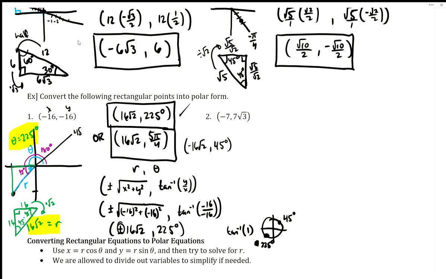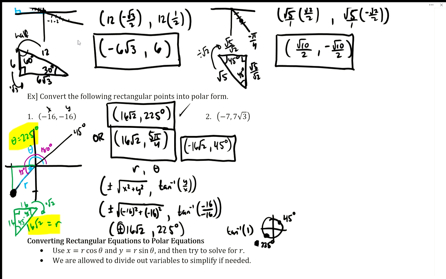Here's where 45 degrees would have been. And then that means the positives would have been going along toward the 45 degrees, but we need to go the opposite direction, which puts us over where I'm making my big old bolded dot. And that's why our radius should be negative in this case. So when we convert from rectangular to polar, we can have different answers.